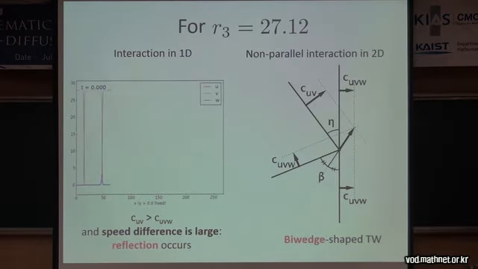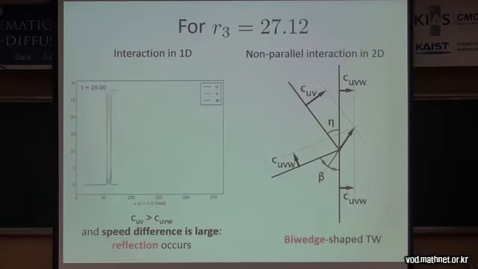So we change again the value of the parameters, and in this case we observe reflection of the fronts. And this usually happens when the speed difference is large.